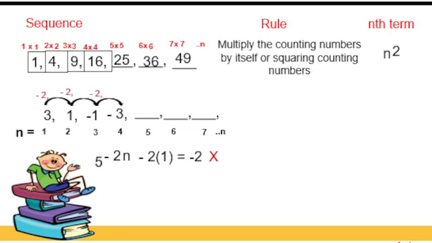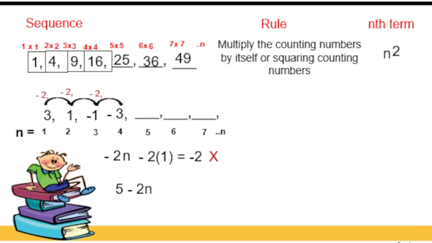So again, we have to put 5. Where does 5 come from? We add 3 and 2. Disregard first the sign of the difference. 3 plus 2 is 5. And then subtract 2n, which is the common difference times the position of the sequence.